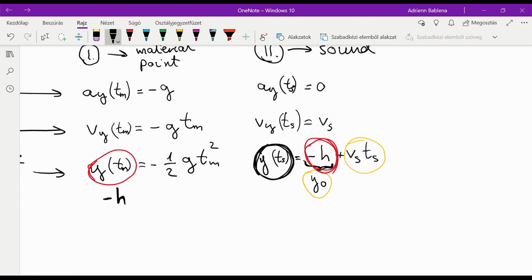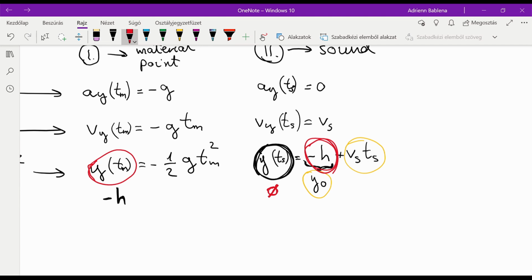We dropped the material point from the origo, so from the 0, 0 point. The material point is dropped, the sound goes back, and we hear the sound at the origo. So we know that we hear the sound at the 0 y value.